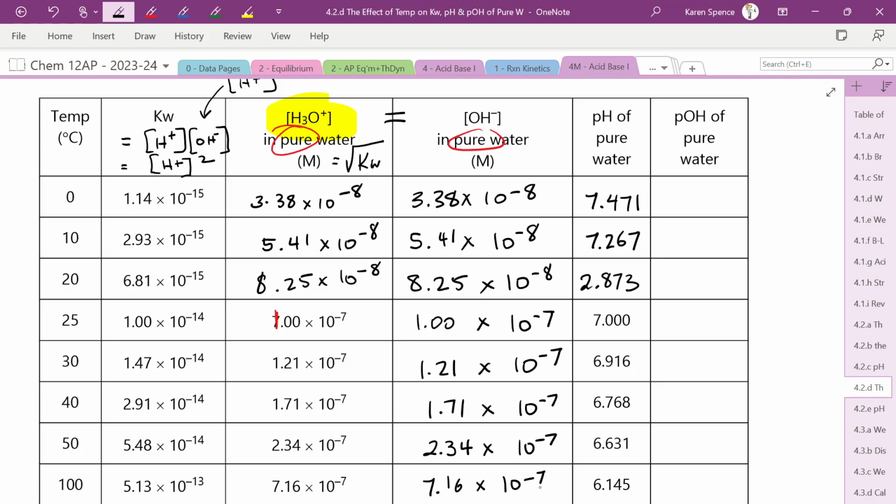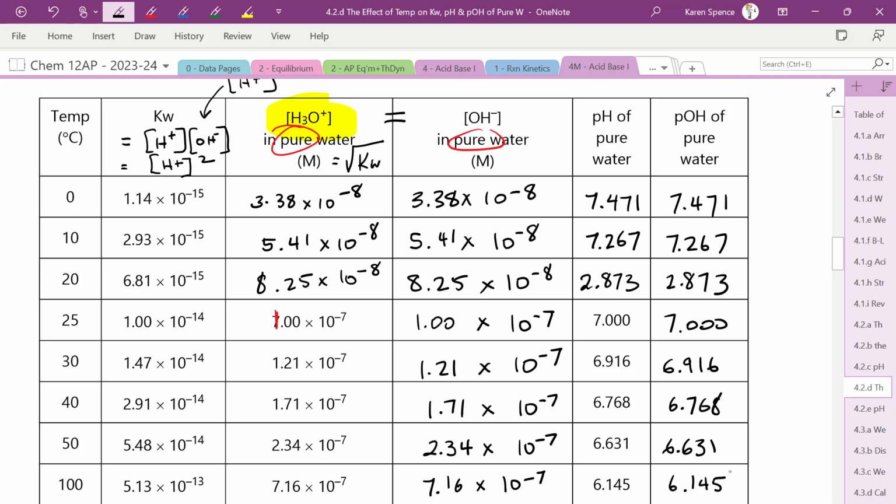Now, what are all of those pOHs going to be? Will they be the same? Yes.